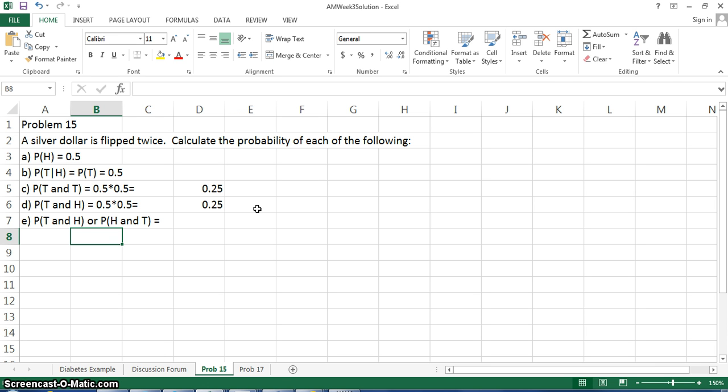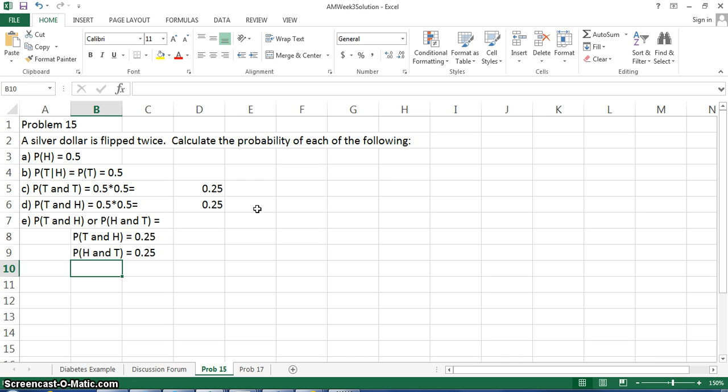We have two events, so the probability of a tail on the first and a head on the second we know is 0.25. We just calculated that, and the probability of a head on the first and a tail on the second would just mirror that probability.